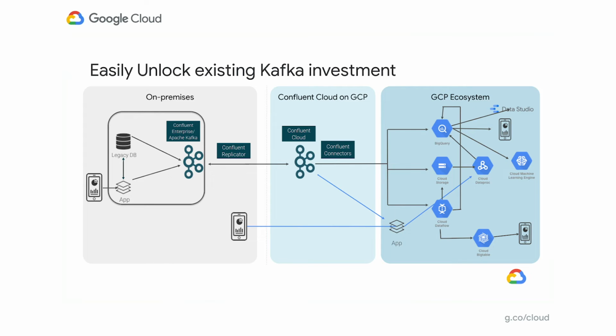Once the data is in Confluent Cloud, take advantage of those fully managed connectors and just start pumping data into the services that they're most interested in. They can also have applications that start directly integrating with Confluent Cloud, right? So building microservices in an event-driven way and using Kafka as the mechanism to do that is a super common pattern. So now you can have Confluent Cloud there as your event-driven microservices Kafka.